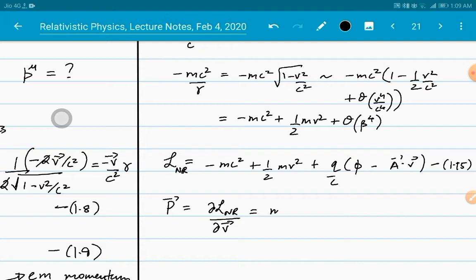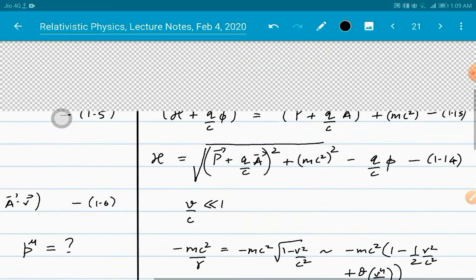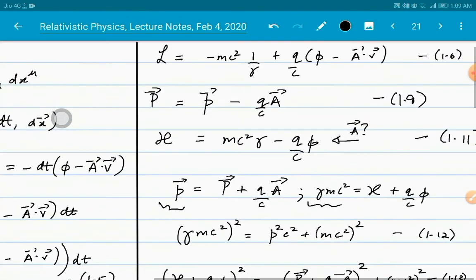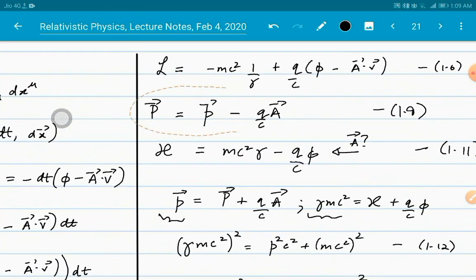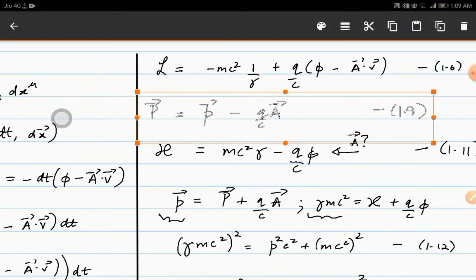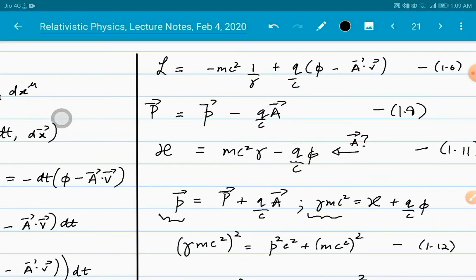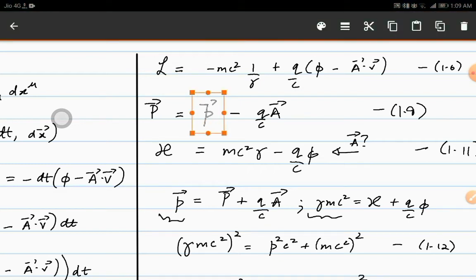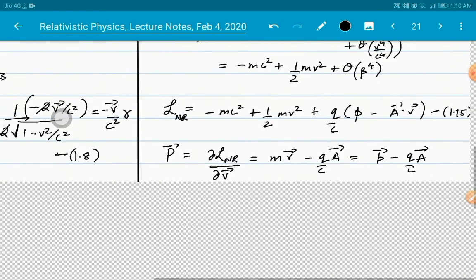So now we will get mv minus q by c times A, which is our usual mechanical momentum p minus q by c times A. And we can see that this expression is formally identical to what we had earlier, where instead of our non-relativistic momentum, we were using the relativistic momentum, which was gamma mv.